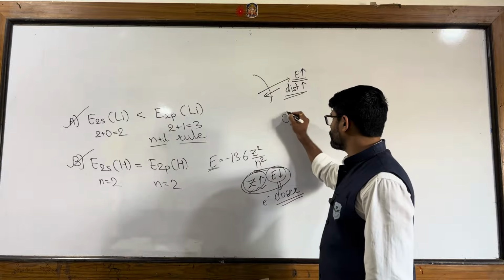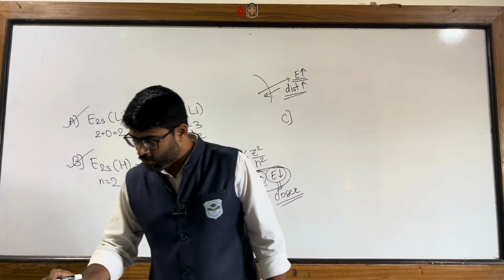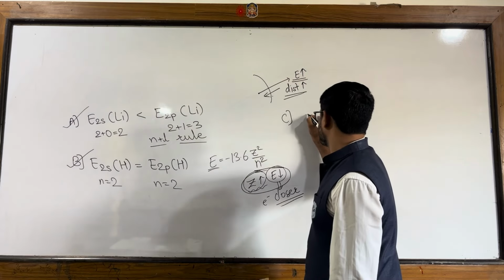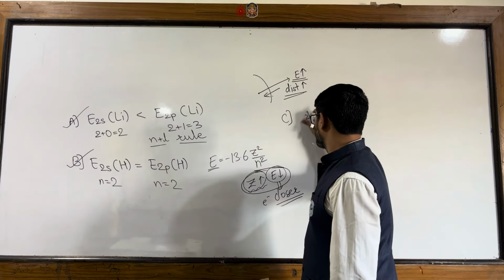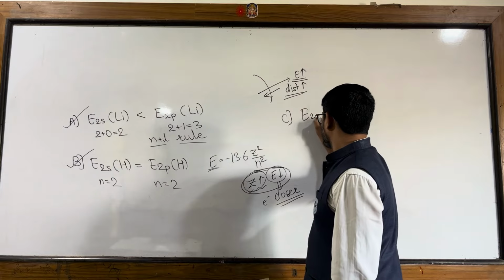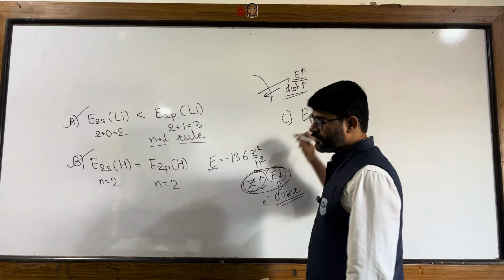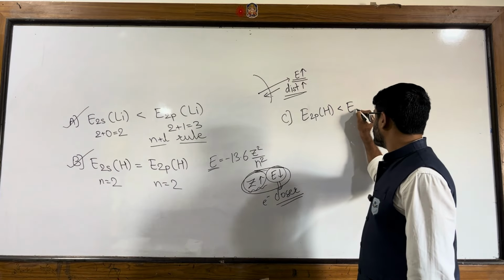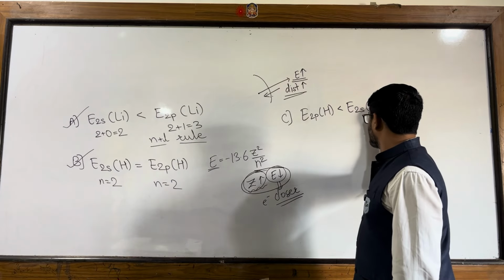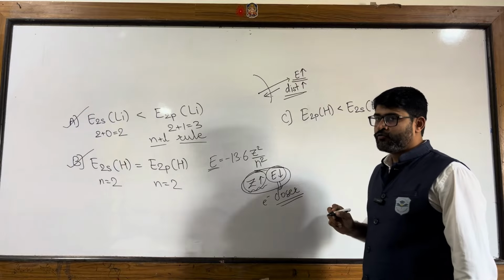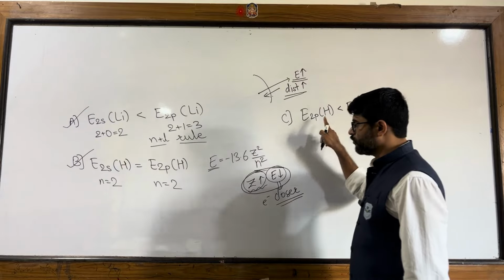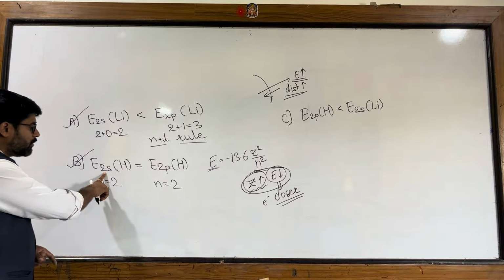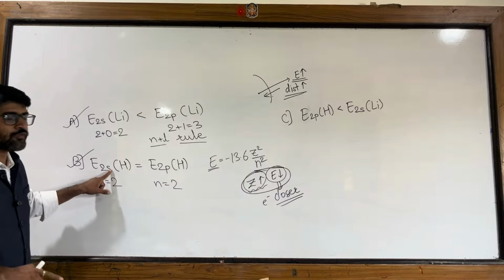So in option C we have to compare the energies of 2p of hydrogen and 2s of lithium. Energy of 2p of hydrogen is less than energy of 2s of lithium. We already know energy of 2p of hydrogen is the same as energy of 2s of hydrogen.